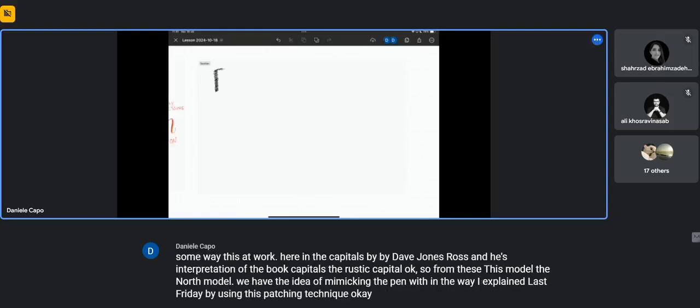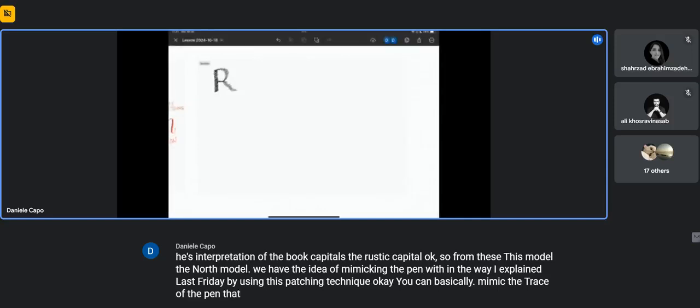Okay, you can mimic the trace of a pen that moves.